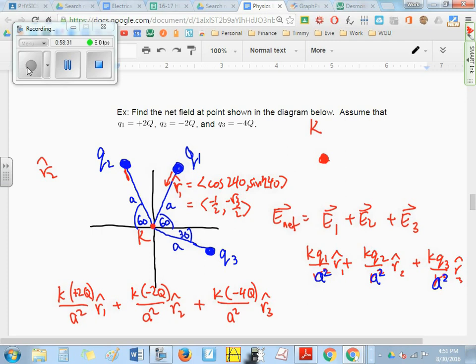R2 hat also points away from the actor, which in this case is Q2. And that one's clearly pointing in the direction 300 degrees. So see how it's pointing down and to the right? Okay, so that's going to be cos 300, sine 300. In other words, it's going to be 1/2 positive and then negative root 3 over 2.